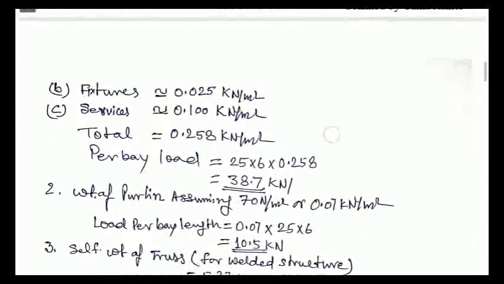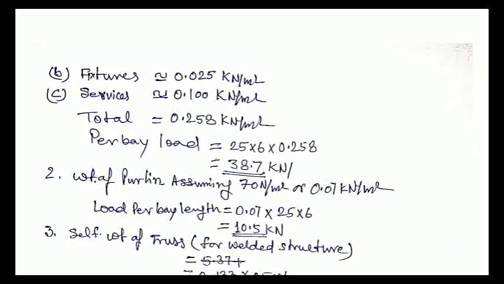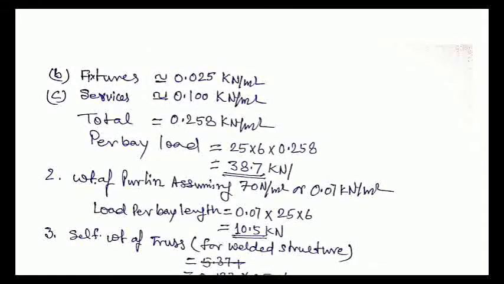Now B, dead load of fixtures. We are taking it under guidance of IS code. So it is 0.025 kilonewton per square meter. Then C, the services load. Services means any person will work on that shed for repairing or manufacturing.